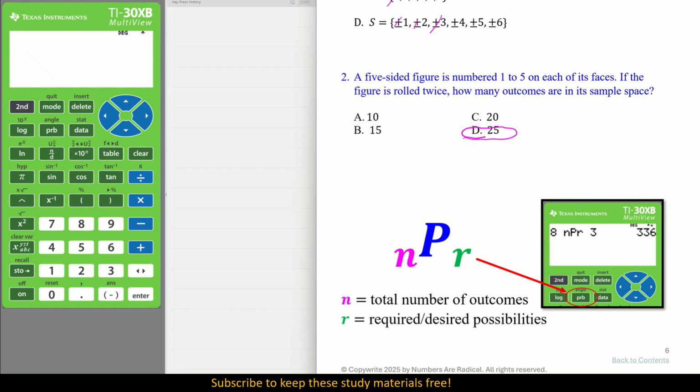N means total number of outcomes, and that's why we talked about the dice, or any kind of number cube, not necessarily the standard. You could have 1 to 5, of course, from number 2. And then you have your R. R is your desired possibility, whatever is presented in the problem. So let's move on and take a look at number 3.